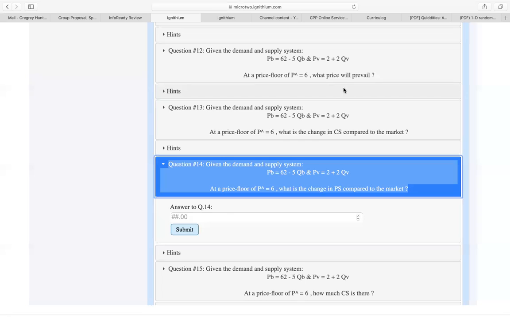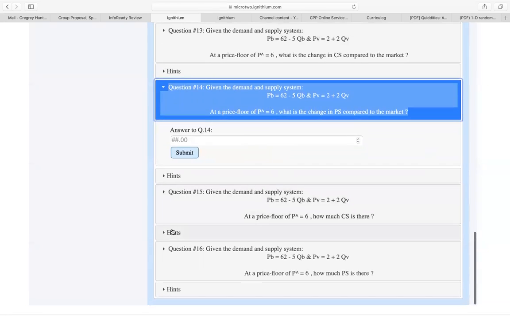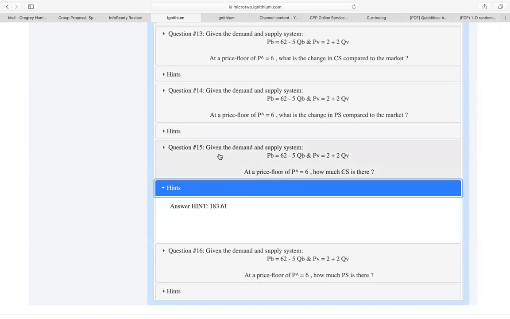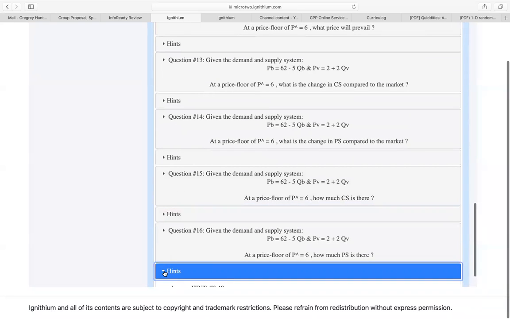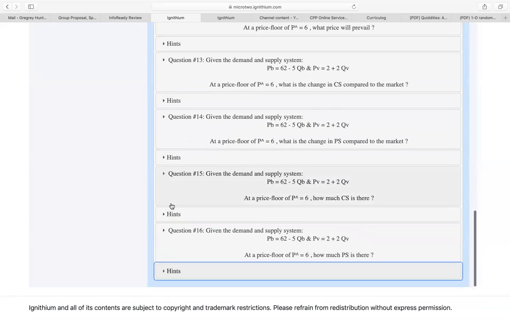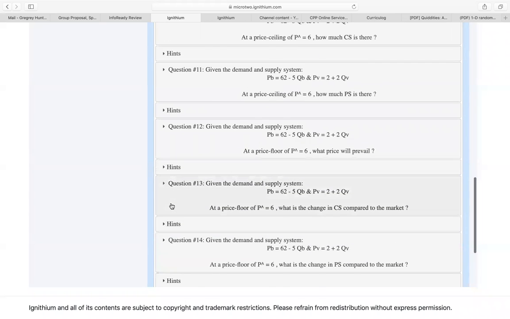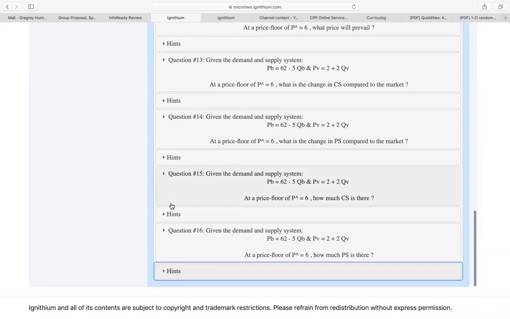So let's go ahead, and we can see here it says, given the demand and supply system and a price floor, how much consumer surplus is there? That's just going to be the consumer surplus associated with the equilibrium quantity, and if you calculate the producer surplus, you should get that value. So I think we pretty much worked through this assignment, and I'll throw it open for questions for a minute.